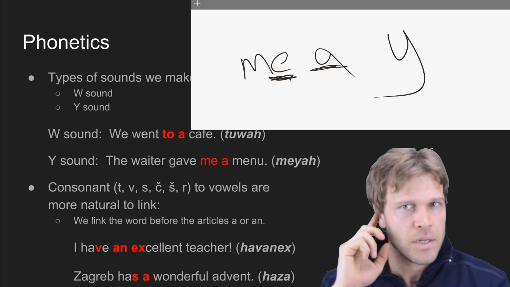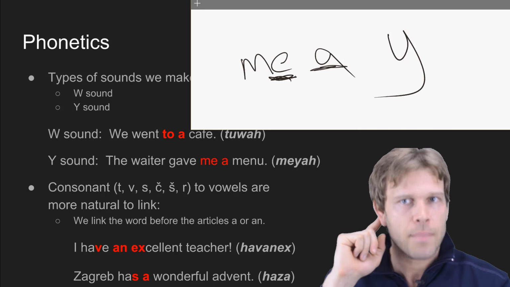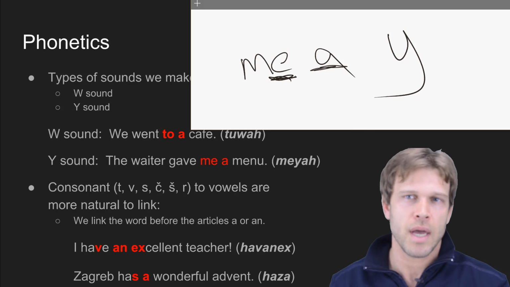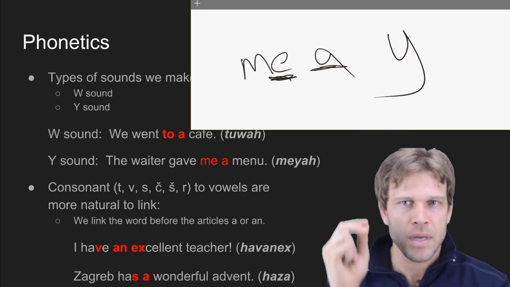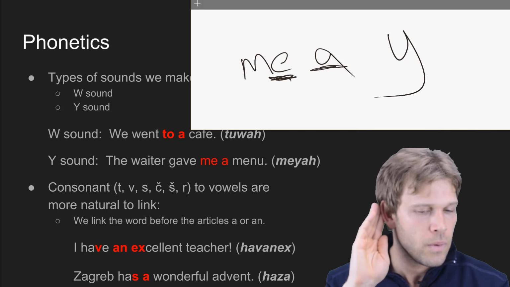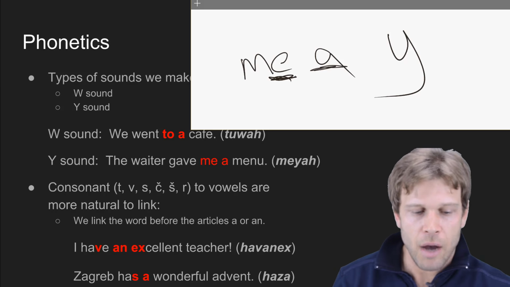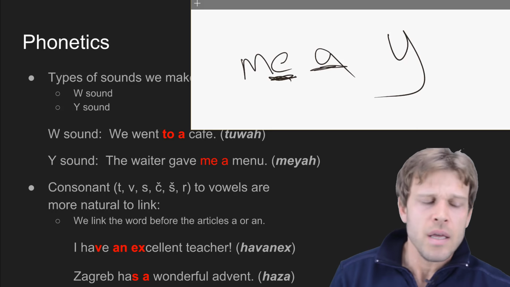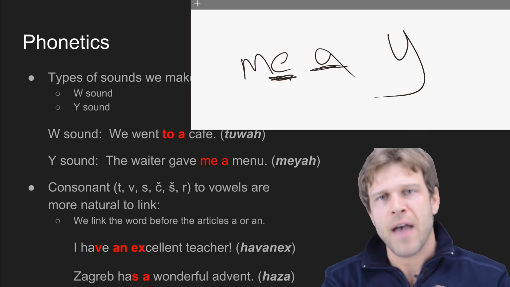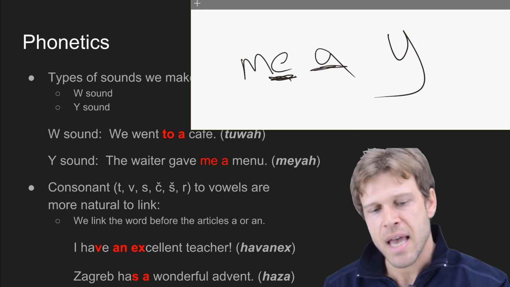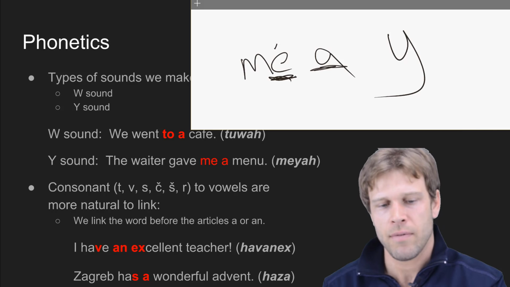The waiter gave me a menu. Me a menu. Okay? Say it 3 times. Me a menu. All right, pretty good. Keep practicing. Okay? Now, we're talking about here vowel to vowel connections, okay? So, mi-ya, okay? Vowel, vowel.